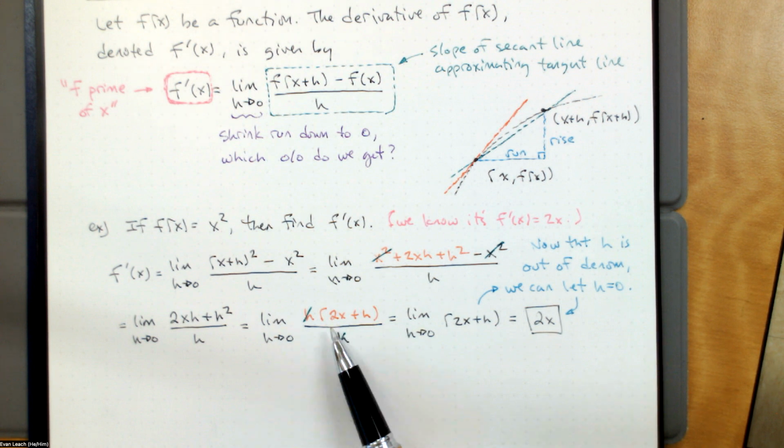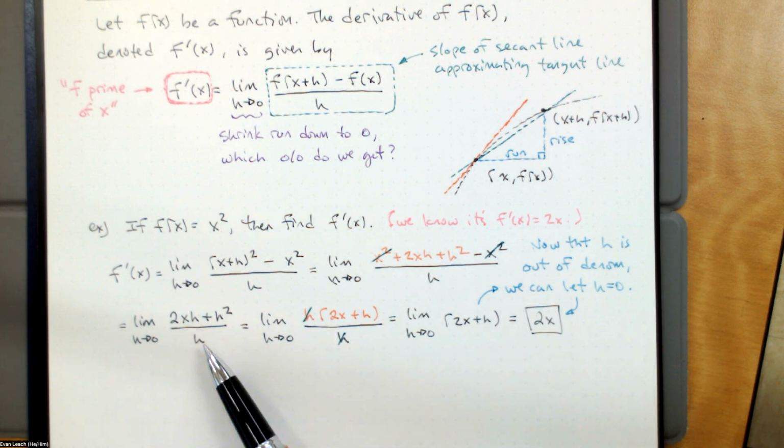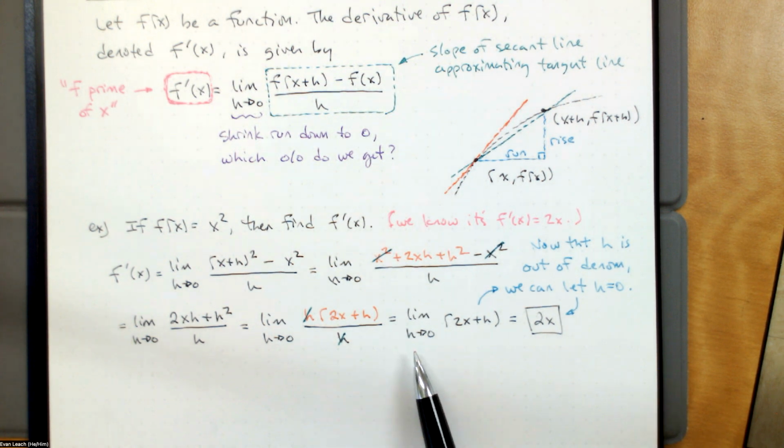So this expression, 2xh plus h squared over h, is not exactly equal to 2x plus h. They aren't equal if h is equal to 0. Fortunately, we don't care, because we care about what's the limit as h is near 0, not what's happening when h is 0.